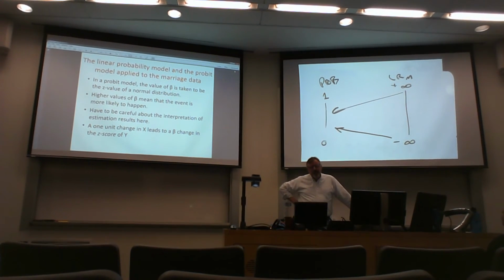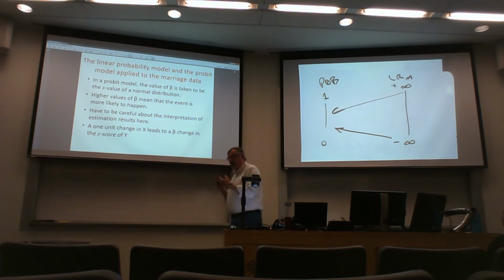With probit regression, you don't have that problem, but it makes it harder to interpret your results. If you only have one right-hand side variable, then you can interpret it as a 1-unit change in x leads to a beta change in the z-score of y.